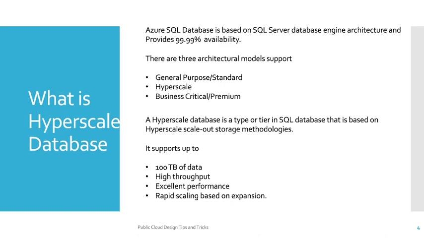One is general purpose or standard, second is hyperscale, third is business critical or premium. A hyperscale database is a tier in SQL database that is based on hyperscale scale-out storage methodologies. That means it can support up to 100 terabytes of data, high throughput, excellent performance, and rapid scaling based on the expansion.